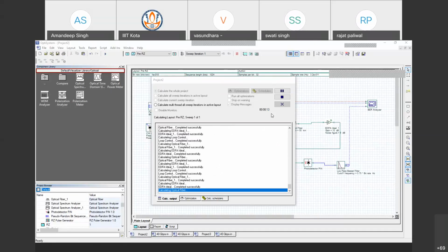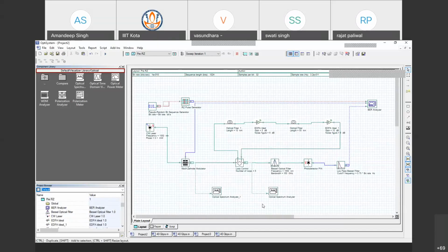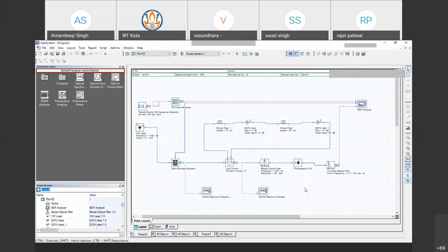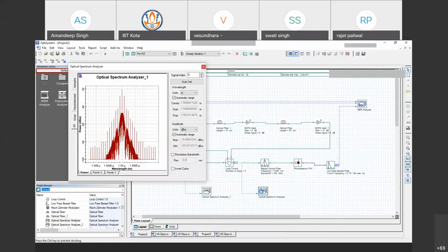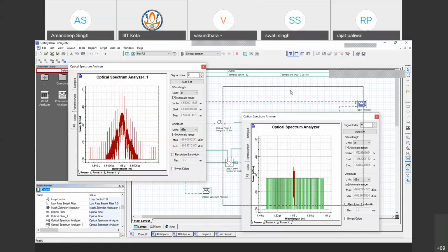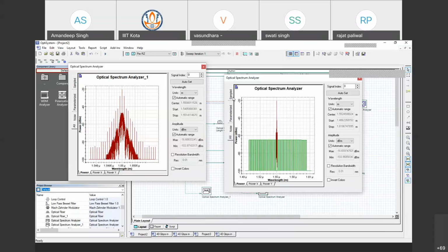Please make a note of this. This setup is for the existing working fiber, so that is also a part of cost effectiveness. This is the noise which is also included in this.